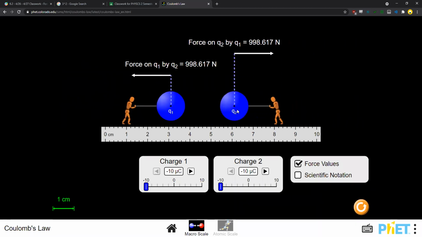So can someone tell me if these spheres are positively charged or negatively charged? Negative.